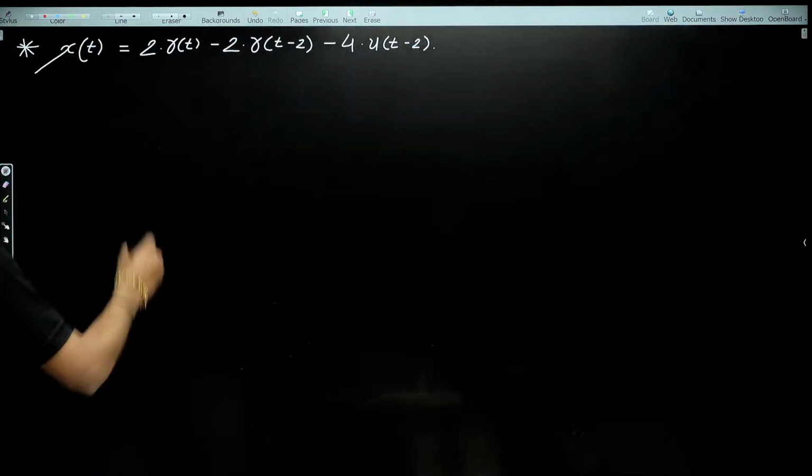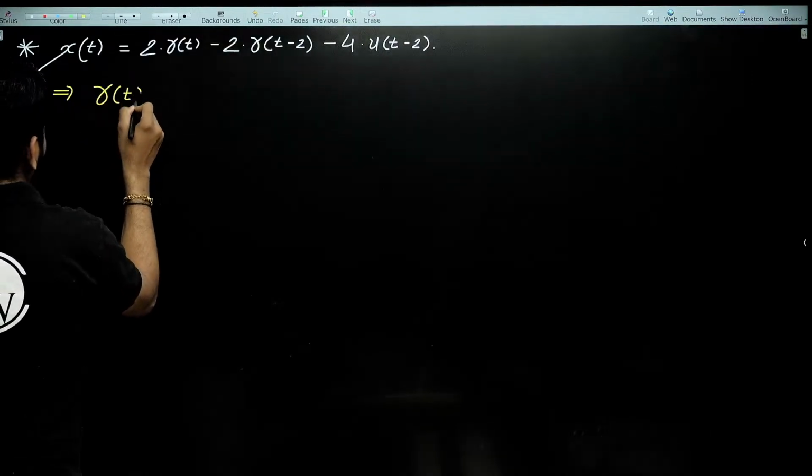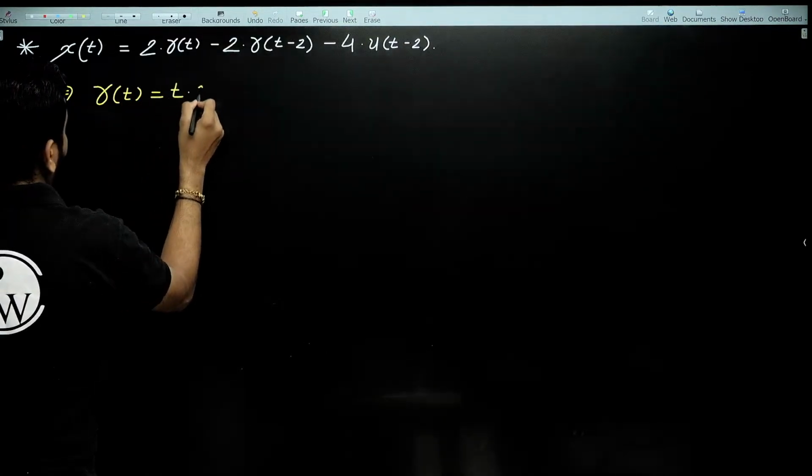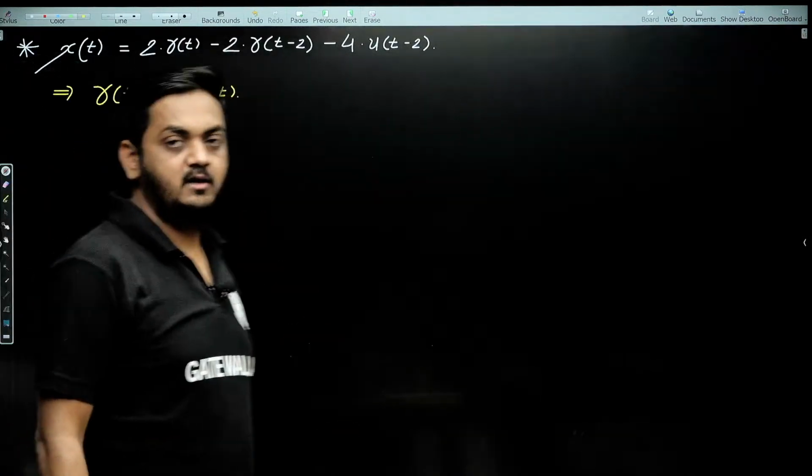Correct? Now we know, guys, that r of t is equal to t into u of t. You can replace r of t with t into u of t.